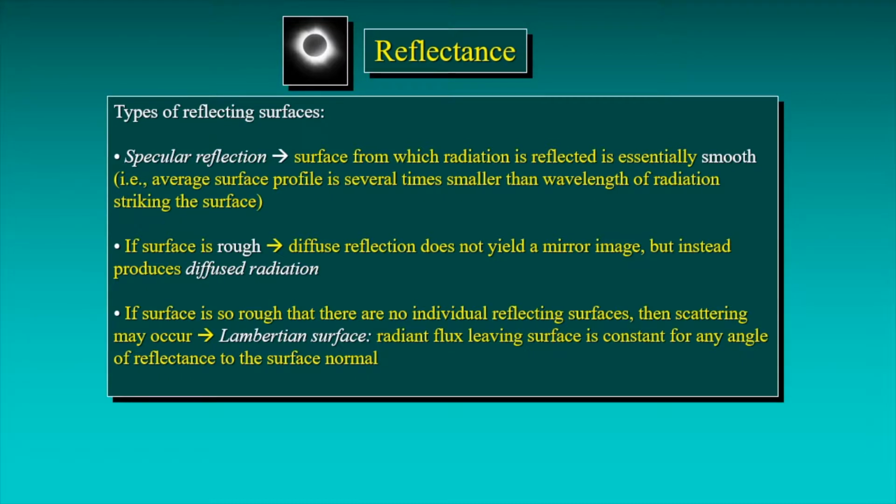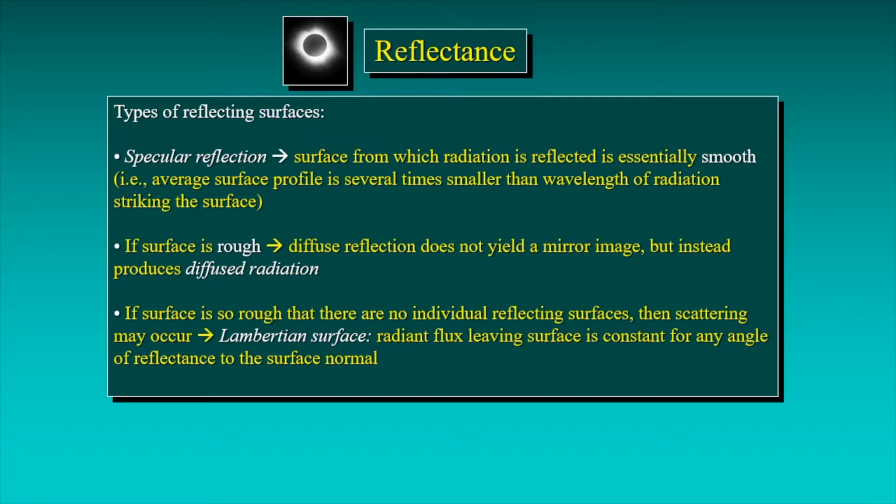And there are different types of reflecting surfaces. One is a specular reflector, and that is where we have radiation that's being reflected off a very smooth type of surface. It's basically one where the average surface profile is several times smaller than the wavelength of the impinging radiation that's striking the surface.